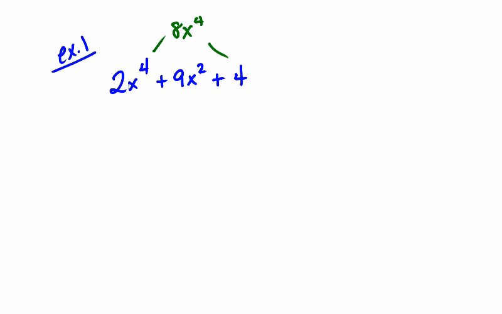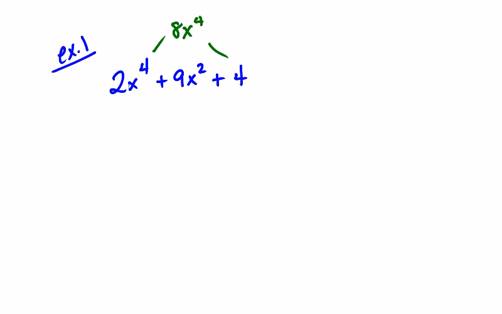So for example, let's go with 2x to the fourth plus 9x squared plus 4. Okay. Triangle method says to multiply the first and the last together. That would get you 8x to the fourth.